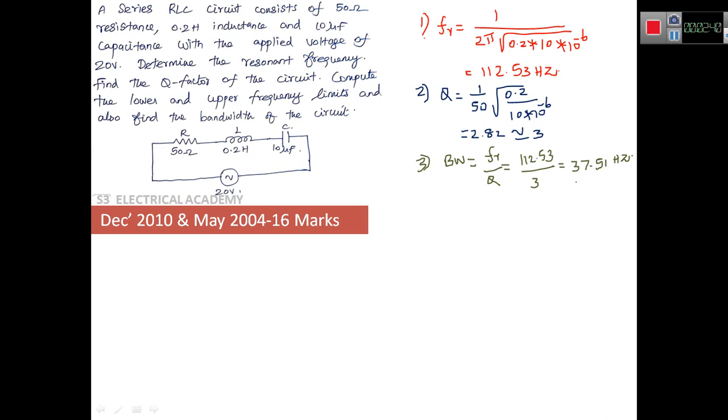Okay, fine. Now we go for lower cutoff frequency as well as upper cutoff frequency. Lower cutoff frequency F1 is equal to resonant frequency minus half of the bandwidth, which is equal to 112.53 minus 37.51 by 2, which is equal to 92.64 hertz.